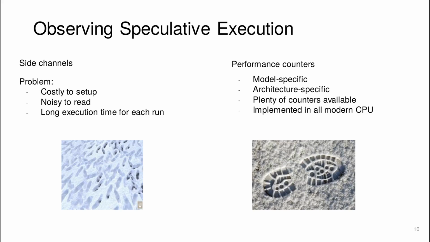And what we found out is that if used correctly, or rather I should say misused correctly, because they're designed for something else, they actually represent a great way, a much faster and noise-free way, of detecting speculative execution.